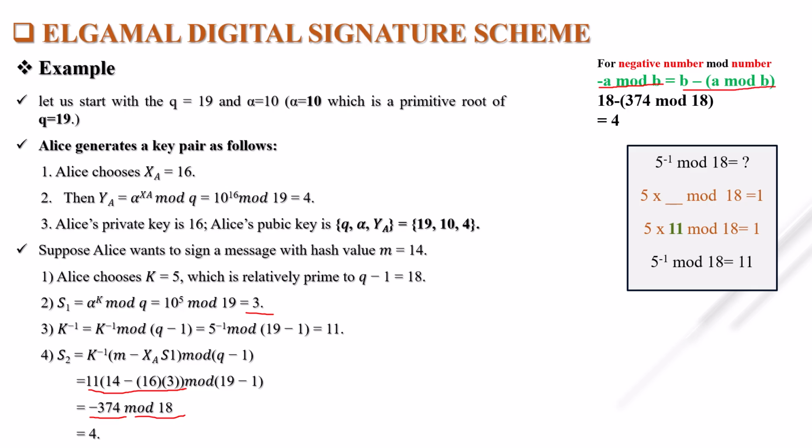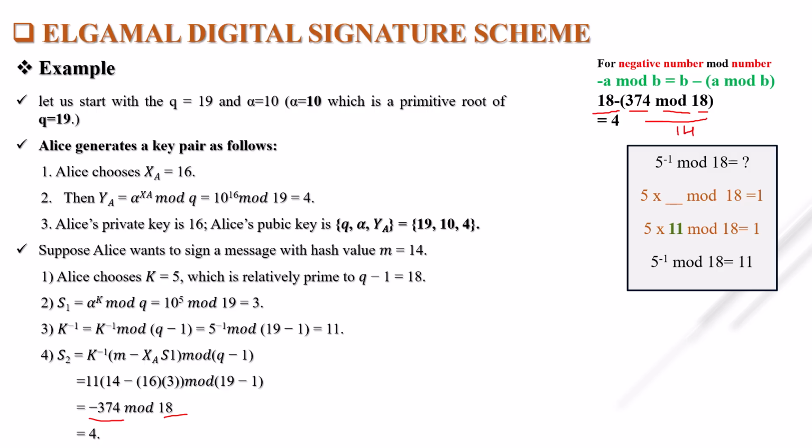Here b is 18, and a is 374. If you calculate 374 mod 18, you get the answer 14.